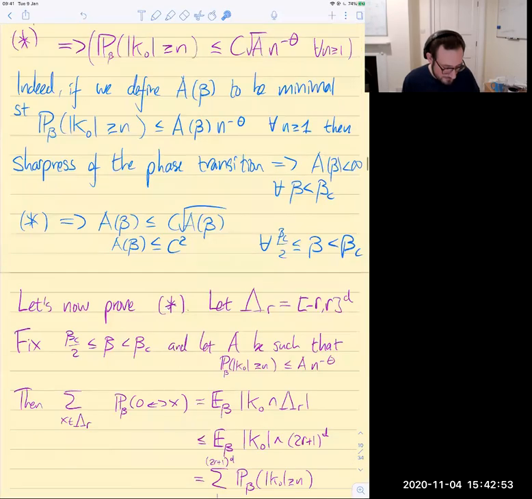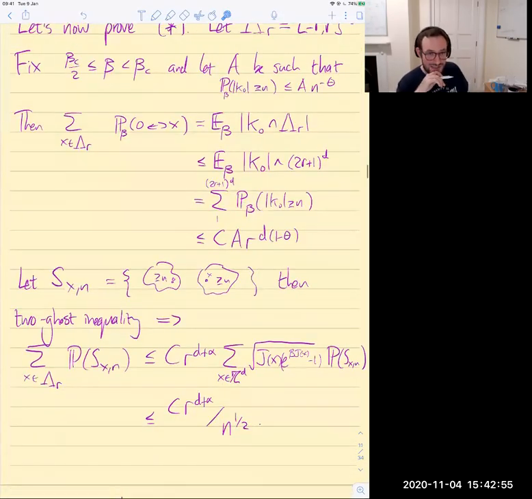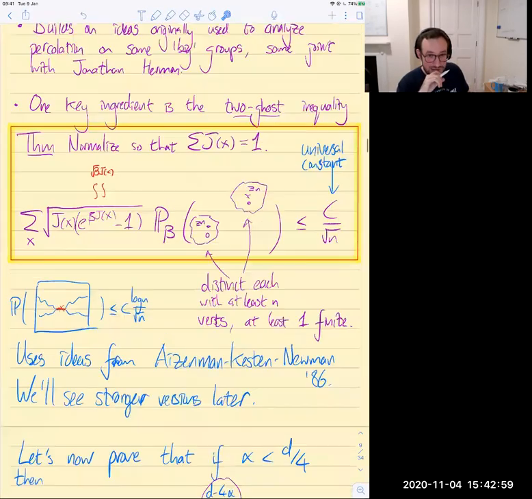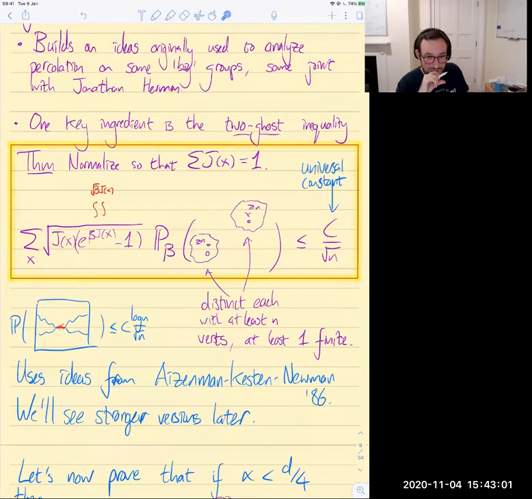I also have a question about the two ghost inequality. Yes. So how general do you think this might be pushed? Does it work, for example, for finite graphs? Some version of this? That aren't transitive, you mean? Yeah, maybe non-transitive. For transitive graphs, everything is fine. You need unimodularity, but that's fine in the finite case.